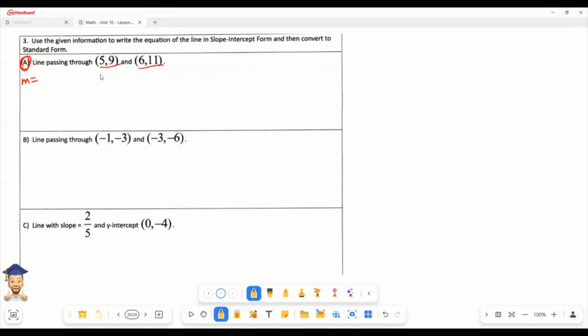You're going to have to use point slope form. And I want you to get to y equals mx plus b. You can stop there, but tell me what you get for slope intercept form.